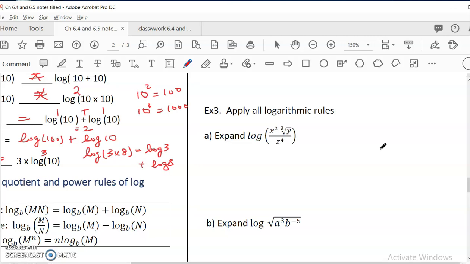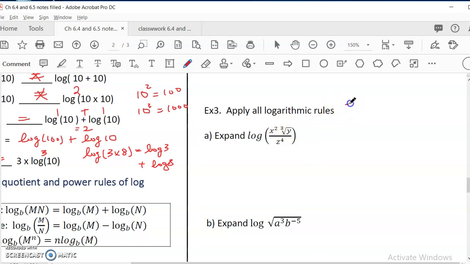Now the criteria of using them is, which one should we use first? We expand into add and subtract first. So we keep each individual factor with the exponent and expand it first, and then we expand the power.